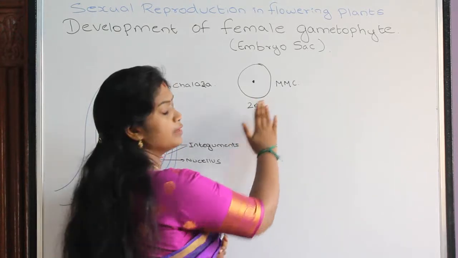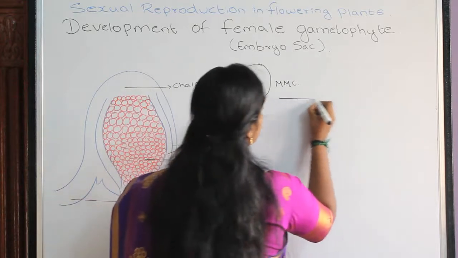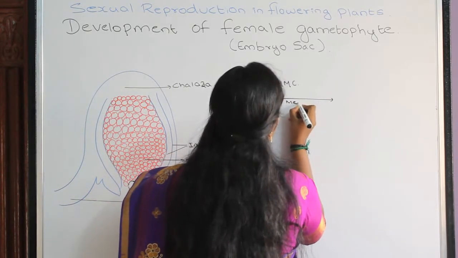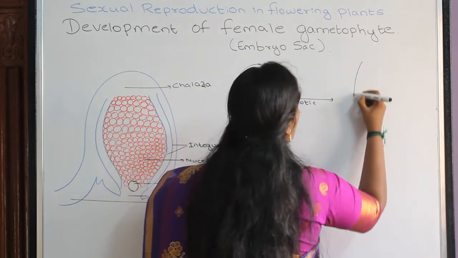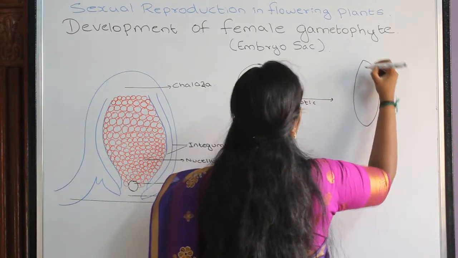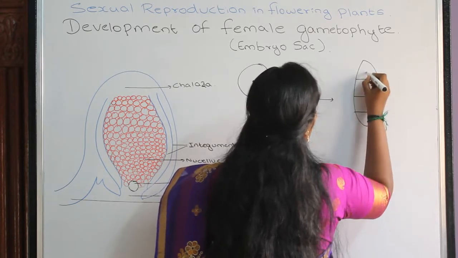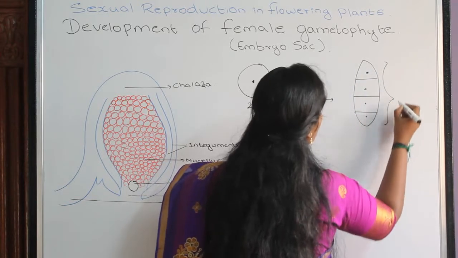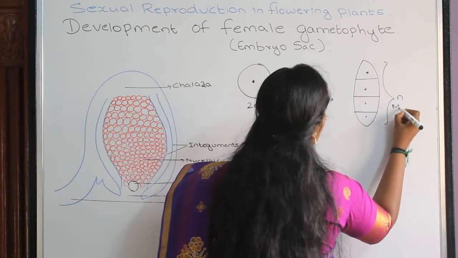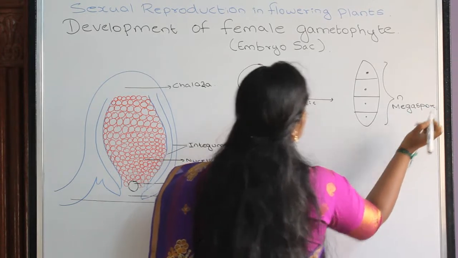This megaspore mother cell now undergoes meiotic division to give rise to 4 haploid megaspores. All 4 are haploid and they are called megaspores.